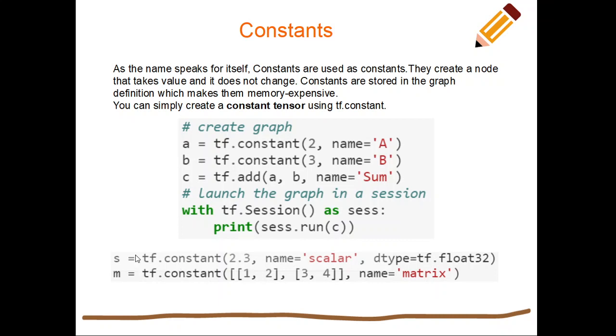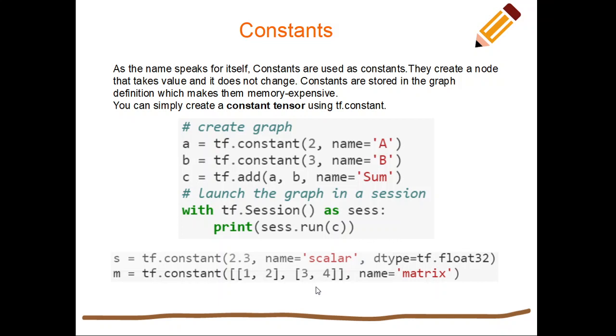Okay, these are a few more examples of how to create a constant out of a scalar. So a scalar is basically a single value. Okay, so 2.3 in this particular case, and we can also give it a data type, so we can create the scalar value of different types. Okay, now here is another example, right?